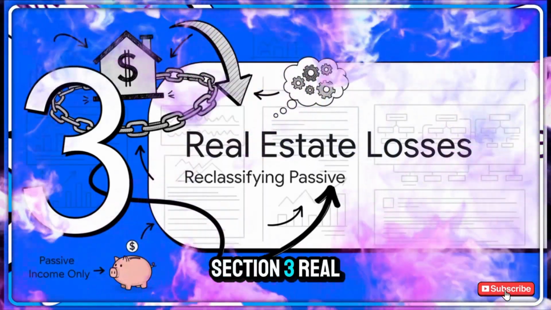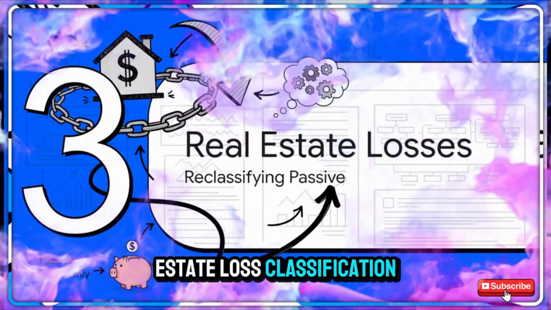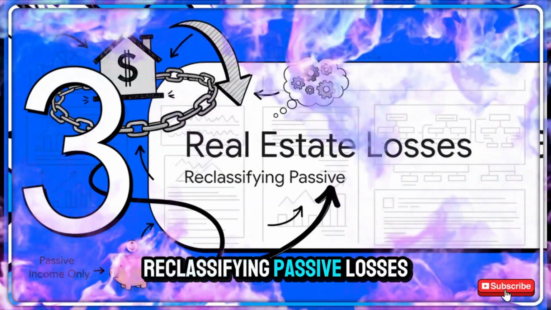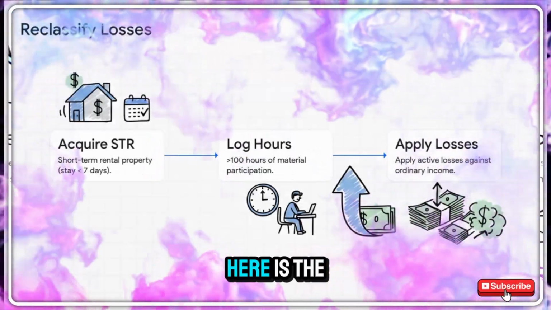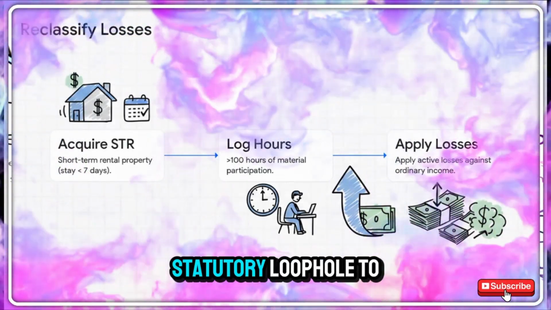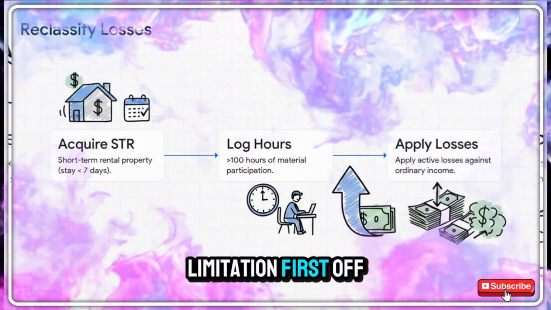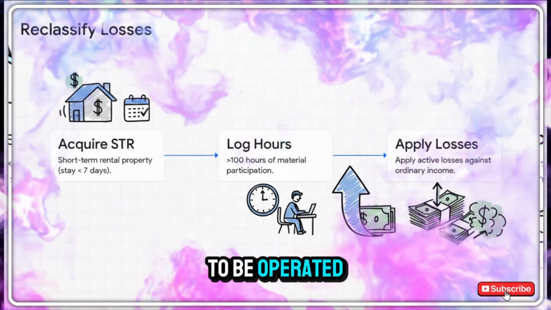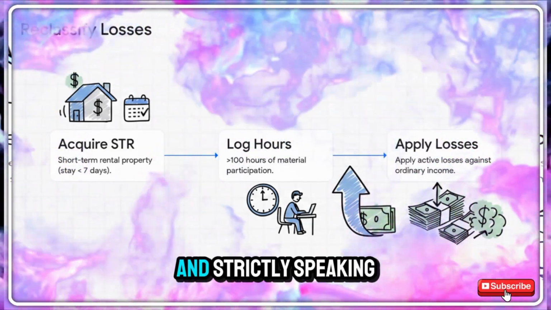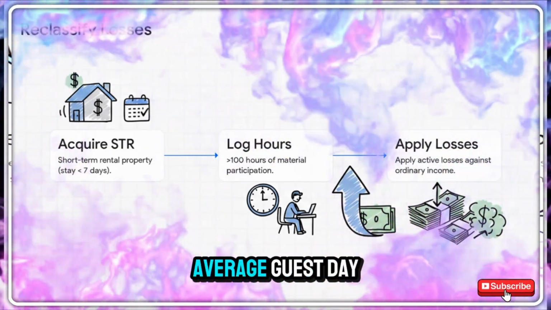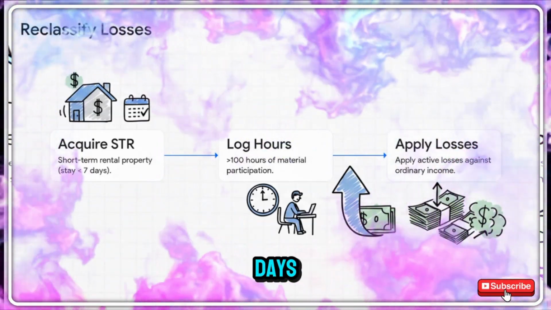Let's jump to Section 3, Real Estate Loss Classification, Reclassifying Passive Losses. Here is the step-by-step statutory loophole to completely break that passive limitation. First off, the asset has to be operated as a short-term rental. And strictly speaking, that means an average guest stay of under 7 days.